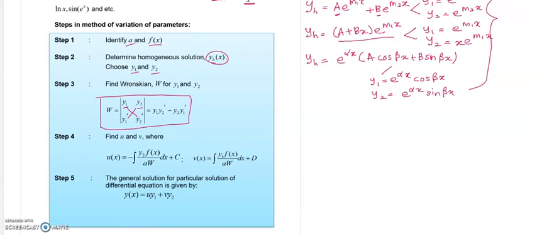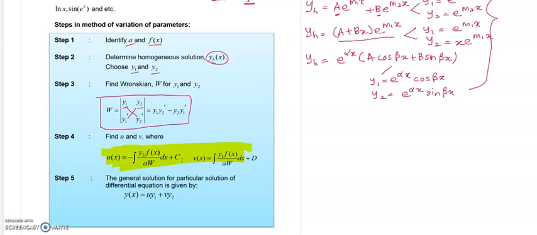In the fourth step, this is very important. Each one of you needs to memorize these two formulas. They will not be given in the test, or in the final exam. The formula for u is the negative of the integral of y2 times f(x) over a times W dx.